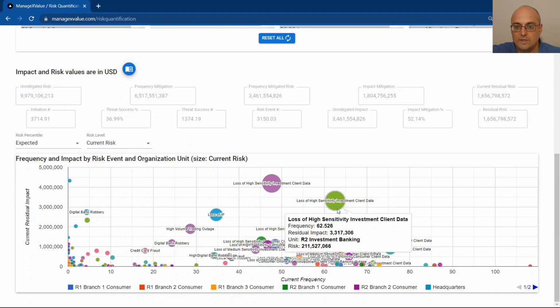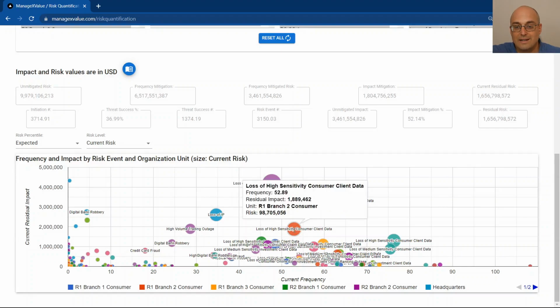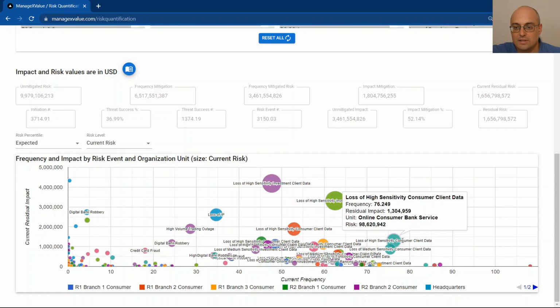So the risk event is the same in this case, but the business unit or reporting unit is different. There is loss of IP also, loss of consumer client data, and there are also high sensitivity consumer client data loss and a lot of other categories.